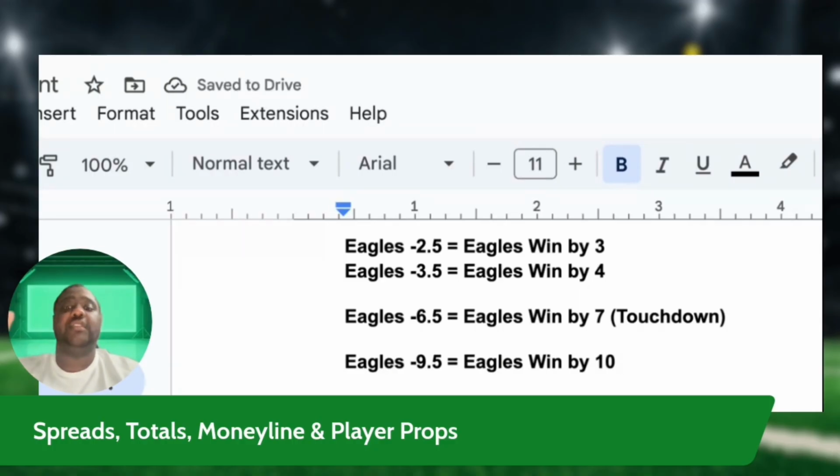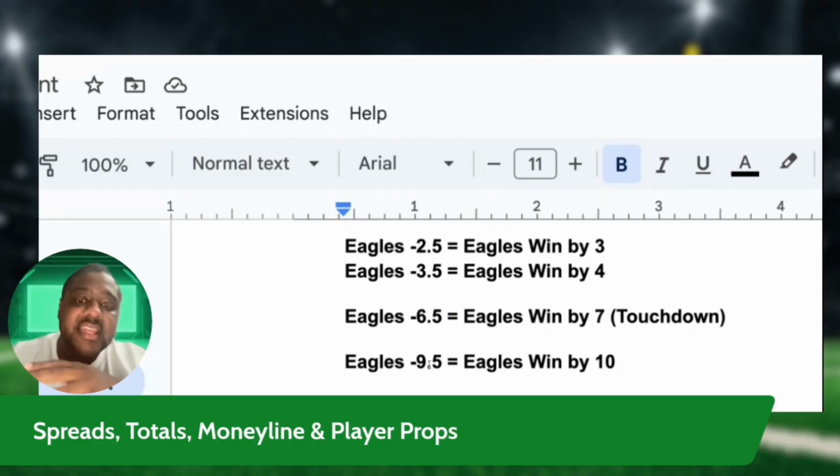That's all that means. Remember, if I told y'all, anytime you see a minus in sports betting numbers, that means the odds makers believe that is going to happen. That's all that means. So Eagles minus 2.5, Eagles win by 3. Eagles minus 3.5 equals Eagles win by 4. Eagles minus 6.5 equals Eagles win by 7, a touchdown.